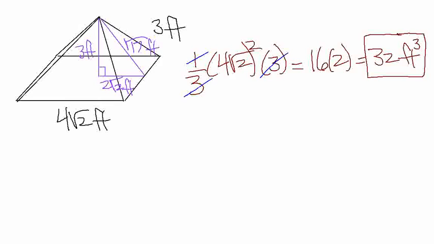All right? So the area of a single triangle is 1/2 times the base times height, where base means one of the lengths of the sides of the triangle. So 1/2 times 4 root 2 times the square root of 17. And I've got 4 such triangles, so I'll multiply that by 4.